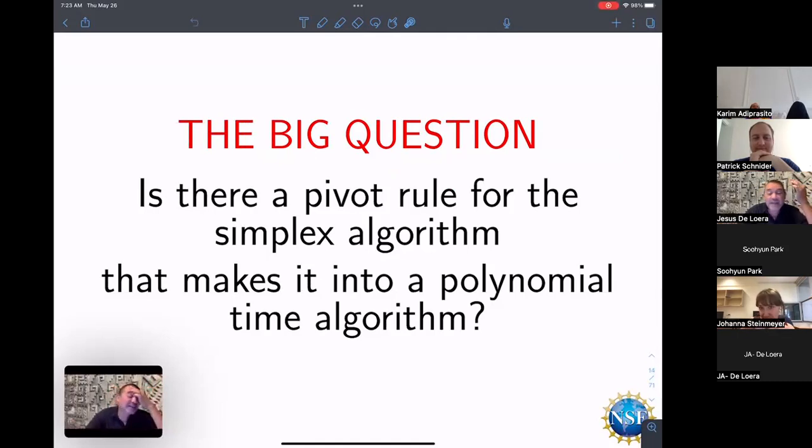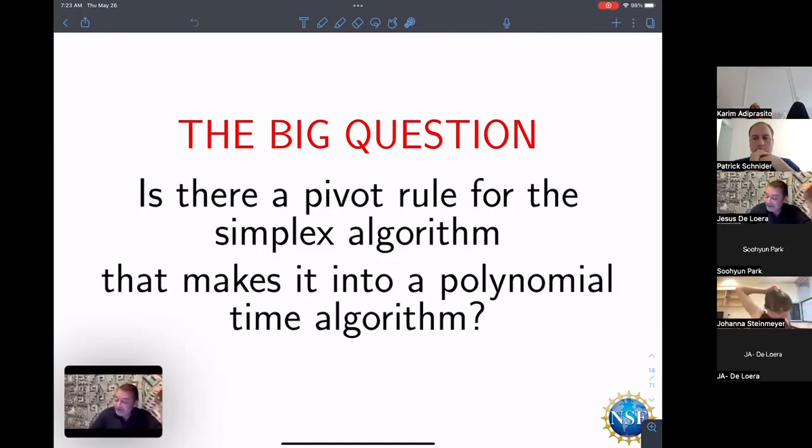So, is there a pivot rule for the simplex algorithm that makes it a polynomial time algorithm? It will make it run in polynomial time on the input size. That will be the number of constraints, the number of variables, and the sizes of the numbers that you have. Okay, that would already be a very interesting thing to do.